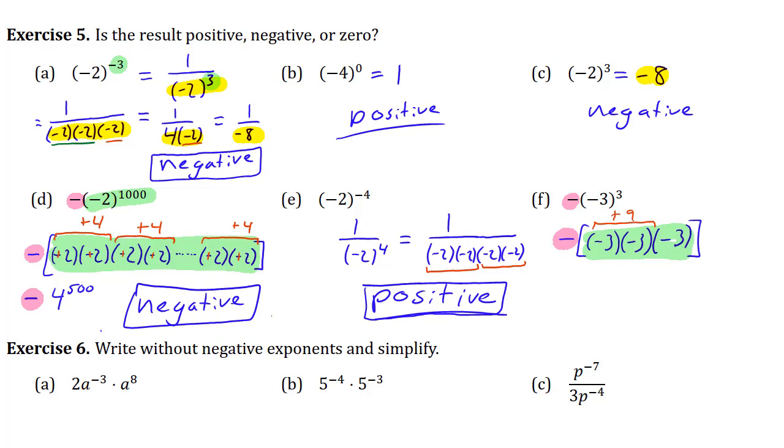So you have 9 times negative 3, which, with that odd one out, leaves you with an extra negative factor at the end, which makes that part negative 27. So we still have negative 27. And the opposite of negative 27 is positive 27. So this ends up being positive.